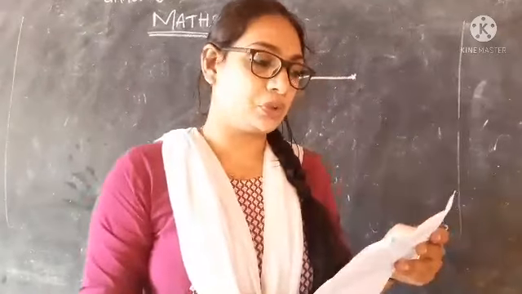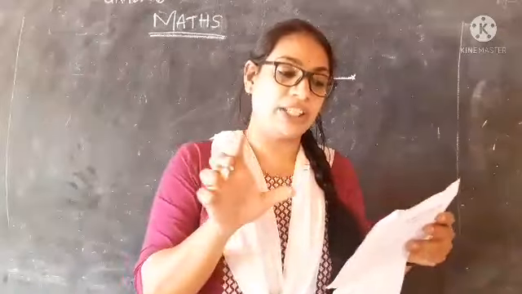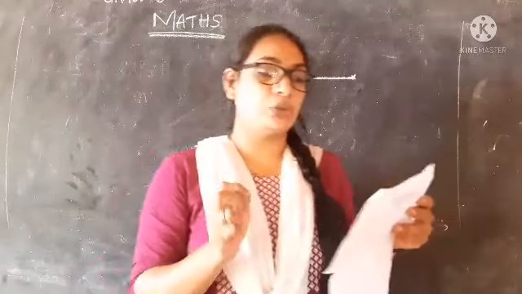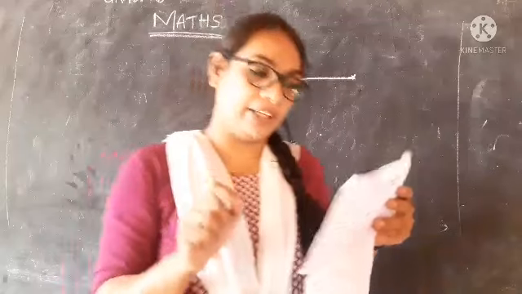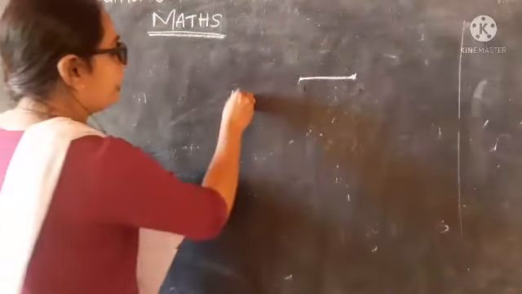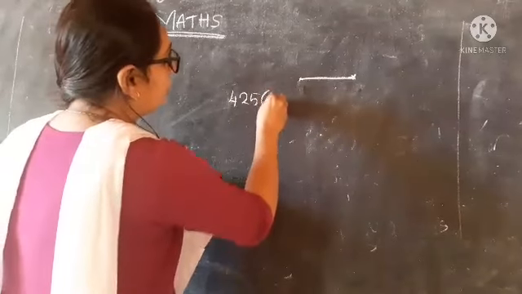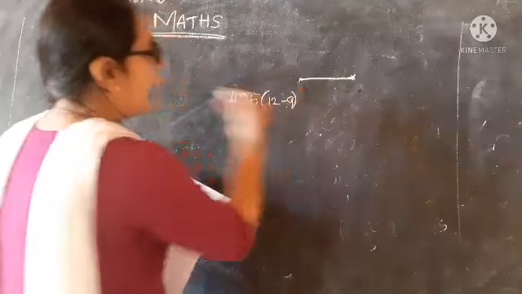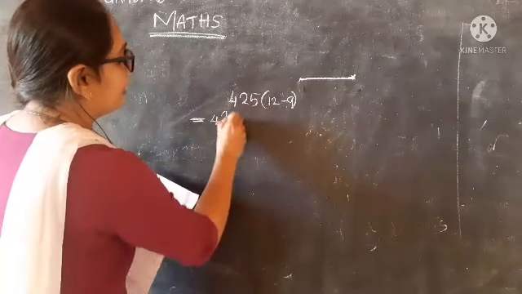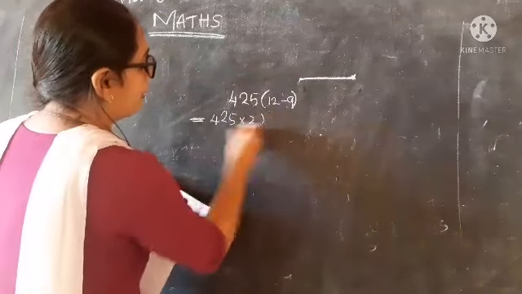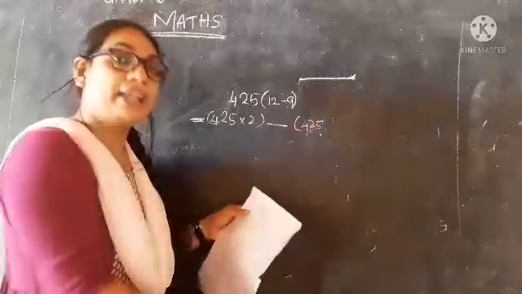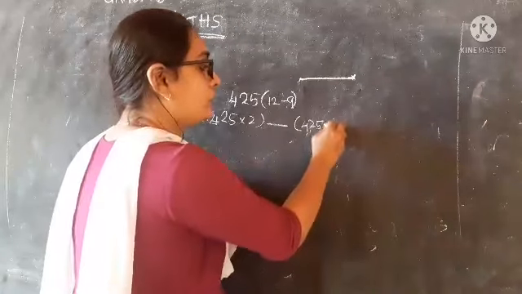Moving to the next question, you have a given question and you need to state the property. The question is 425 into 12 minus 9, and the answer is given as 425 into 12 minus 425 into 9.